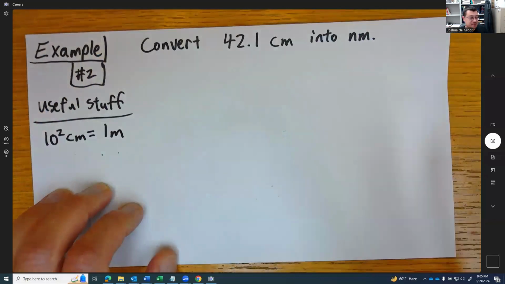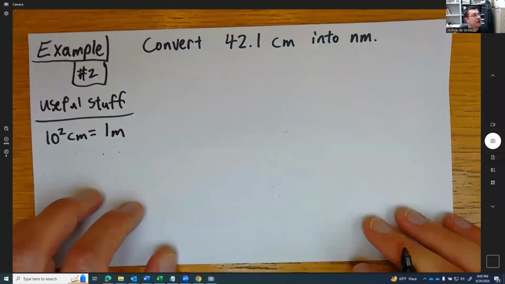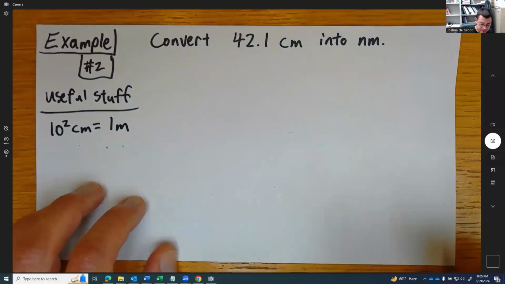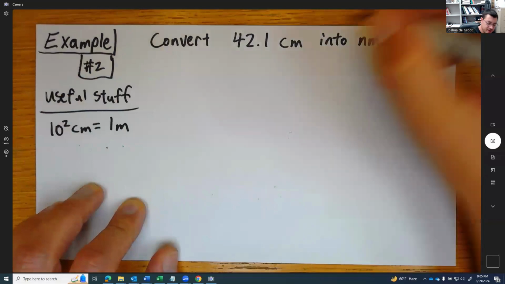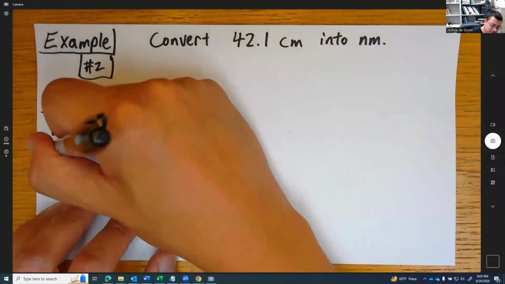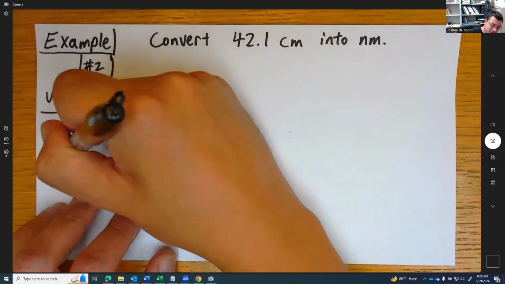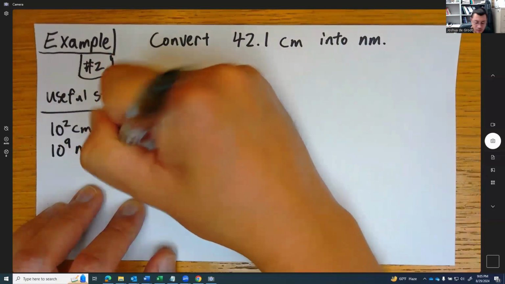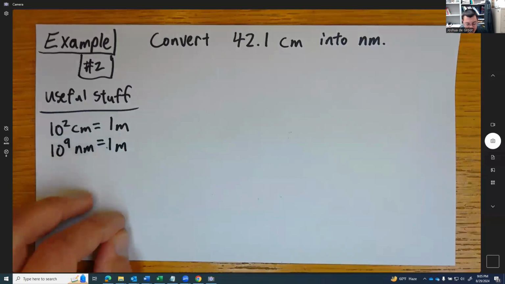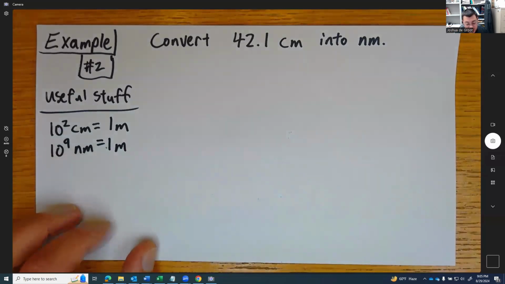That's something we can just memorize or look up. And then another thing is with nanometers. Nano, remember, sounds like 9, kind of anyways. 10 to the 9 nanometers is 1 meter. All right, so we have these in mind.